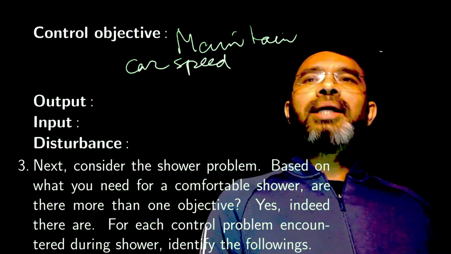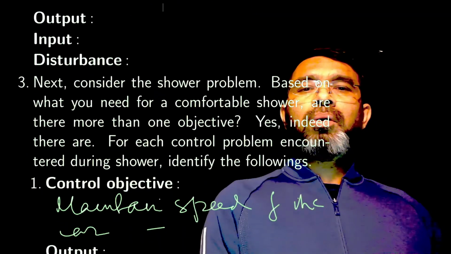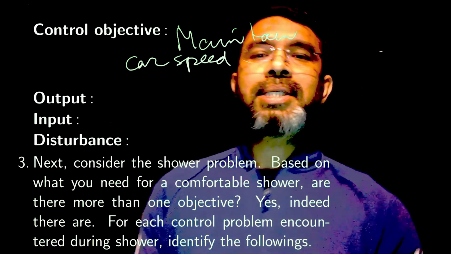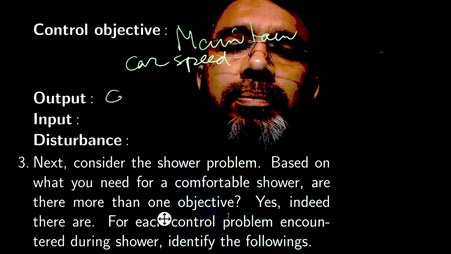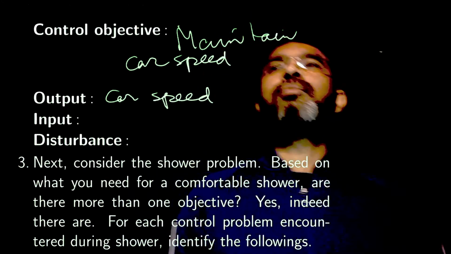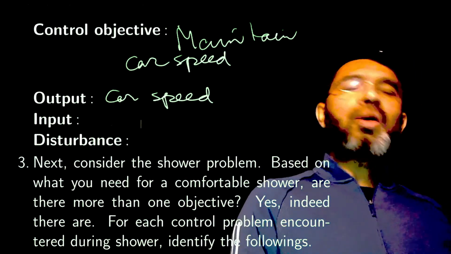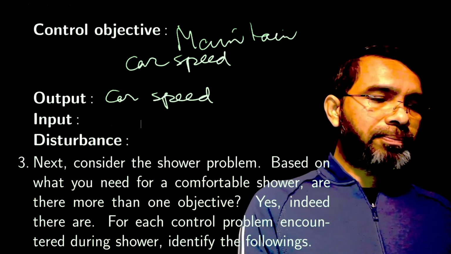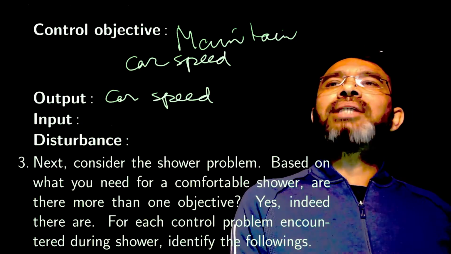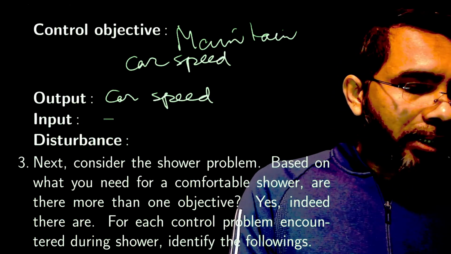Now, if that's the objective, what is the output then? The output for this case is nothing but the speed. So that's our output. Now, if that's the output, how can we really maintain speed? To maintain the speed, you need to make some change in the gas flow. So the input can be the gas flow rate.